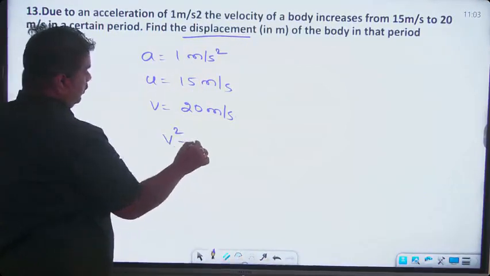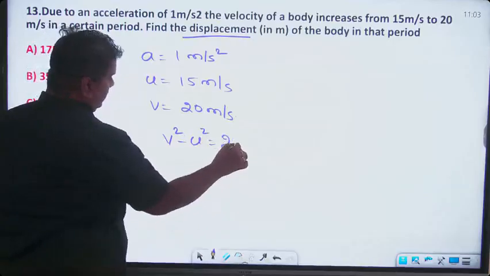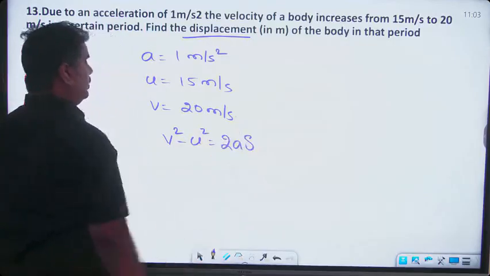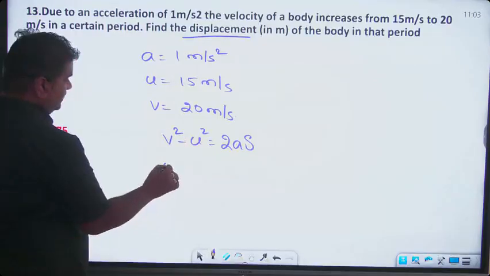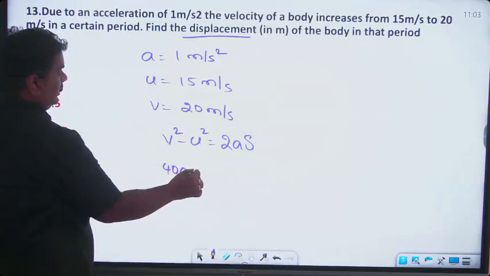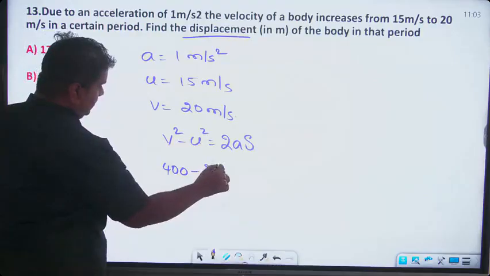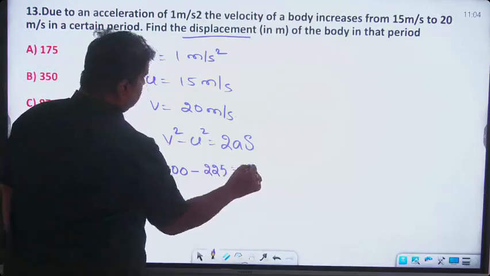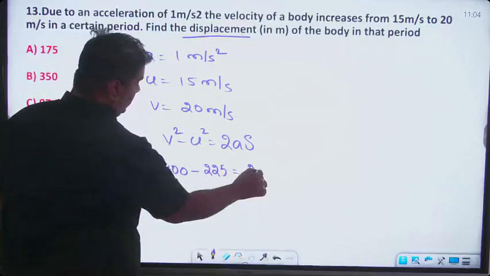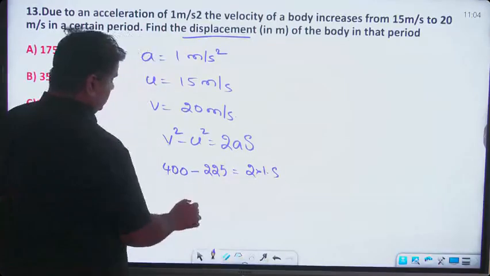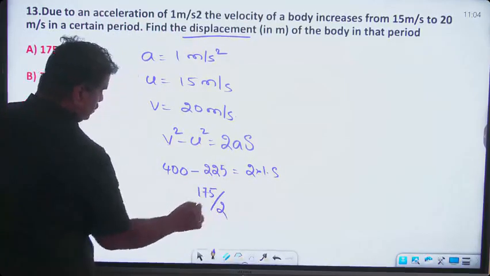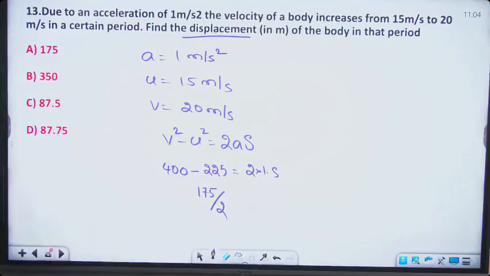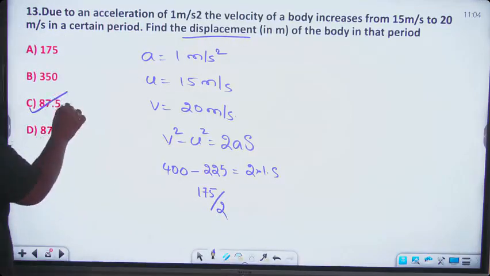So v square minus u square equal to 2as. So here in this case, v square in the sense 400 and u square in the sense 15 square 225. That is equal to 2 into 1 into S, or else that will be 175 by 2. It's almost around 87.5 meters.